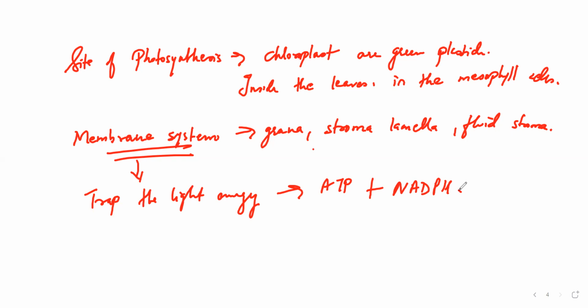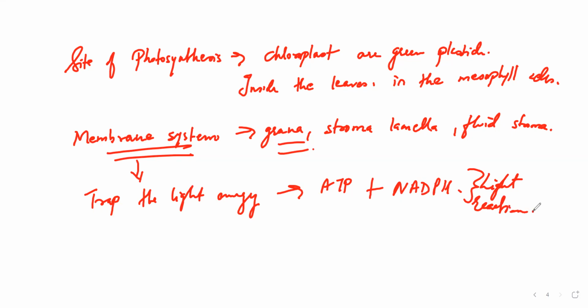So here, the light energy is absorbed by the grana of the chloroplast, so that it can synthesize the ATP and NADPH. Now, this is applicable for the light reaction. In the same way, you have the dark reaction as well.